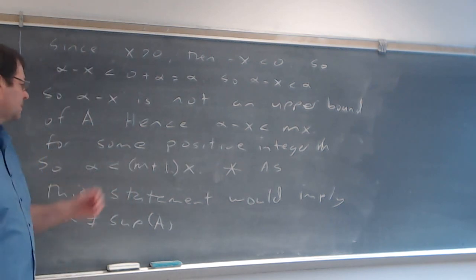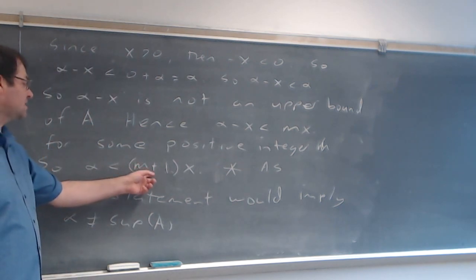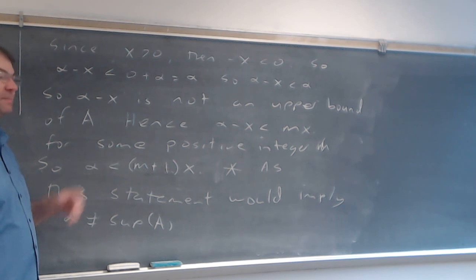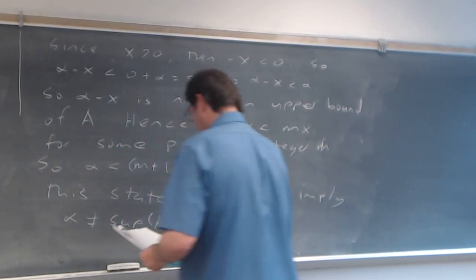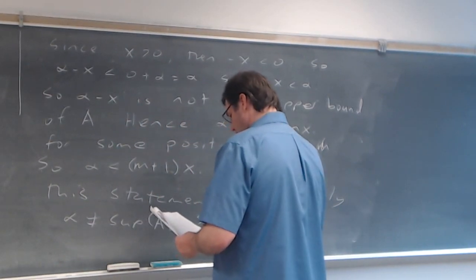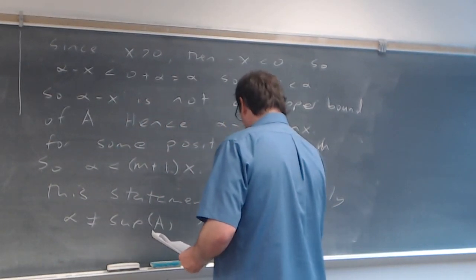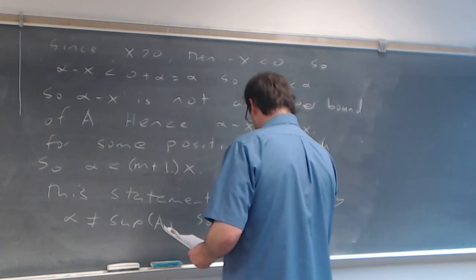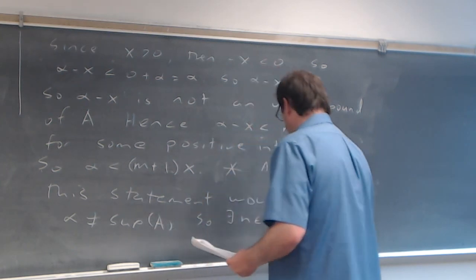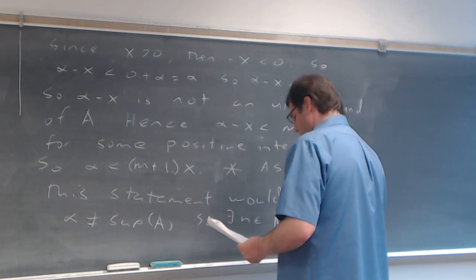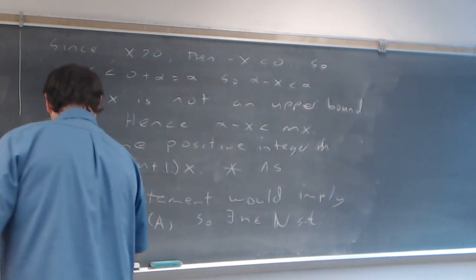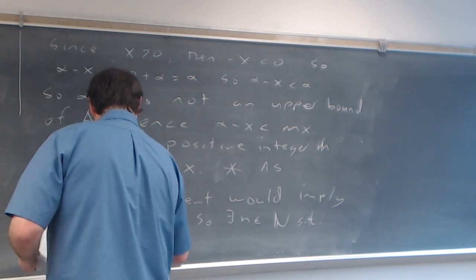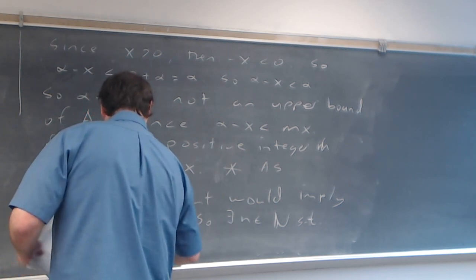Now, how come this statement implies that alpha isn't sup A? Because this is a guy in A that's bigger than alpha. And so alpha couldn't be a sup. And so what we've assumed is incorrect. So there exists an n element of positive integers, or the natural numbers, such that n times x had to be greater than 1. And that's the proof of part A.